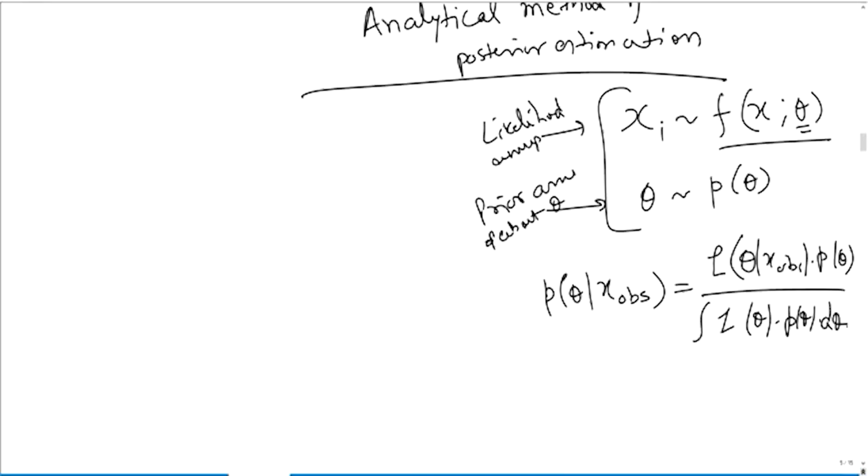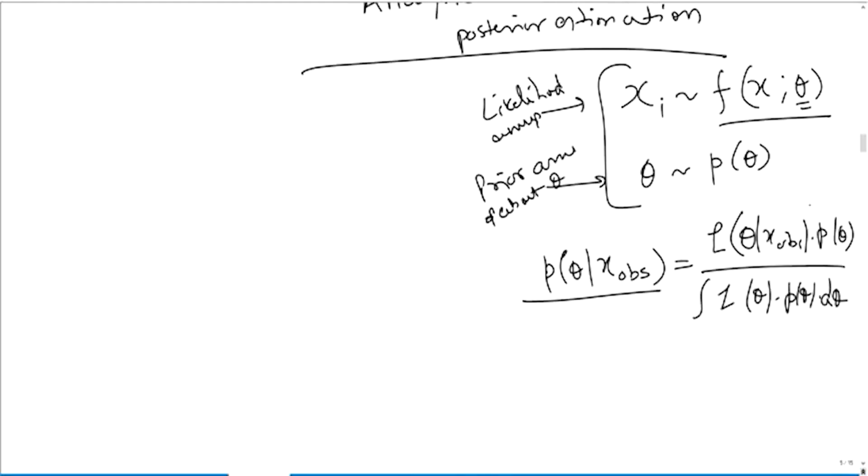This is what you need to do if you want to analytically figure out the posterior distribution. If you are able to do this integration, some of the functions won't even be integrable, basically you find out this constant, and you multiply these two.